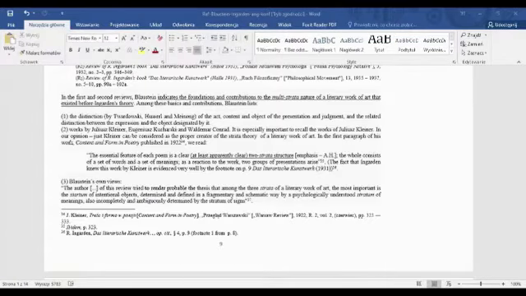In our opinion, just Kleiner can be considered the proper creator of the strata theory of a literary work of art. In the first paragraph of Kleiner's work, Content and Form in Poetry, published in 1922, we read: the essential feature of each poem is a clear, at least apparently clear, two-strata structure.